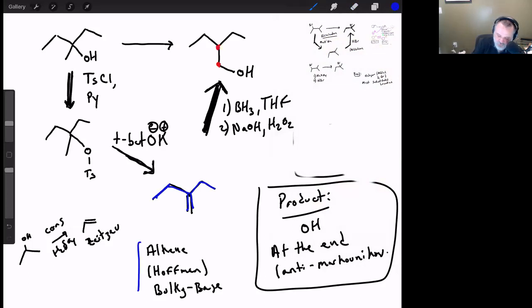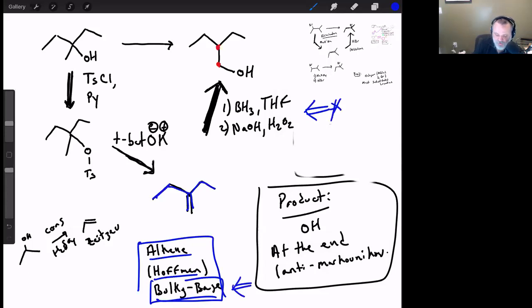Then, once you have that material, you can say, okay, it's an alkene. It looks like it might have been a Hofmann product. But this is where your reaction knowledge came in. Reaction knowledge told you hydroboration oxidation. Reaction knowledge told you bulky base. Reaction knowledge told you that I can turn an OH into a good leaving group by turning it into a tosylate with tosyl chloride. Without that reaction knowledge, you're not going to be able to solve these problems.